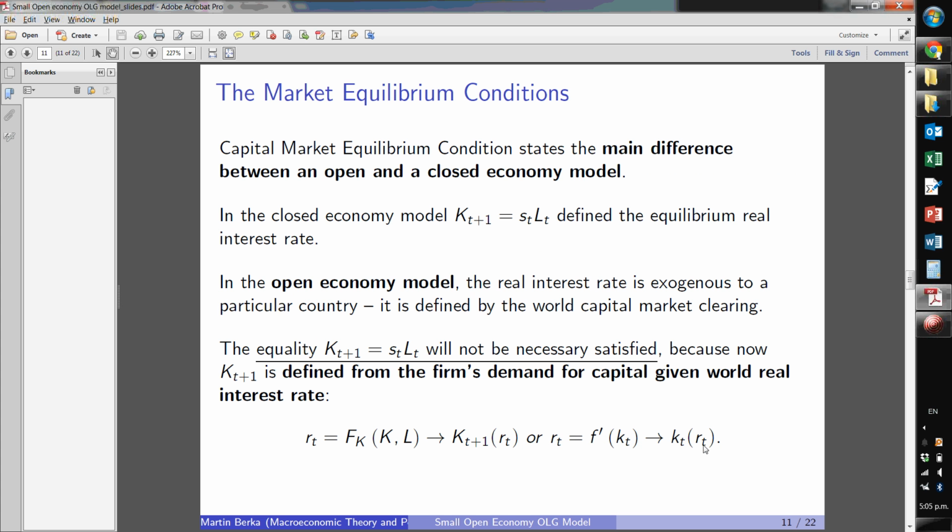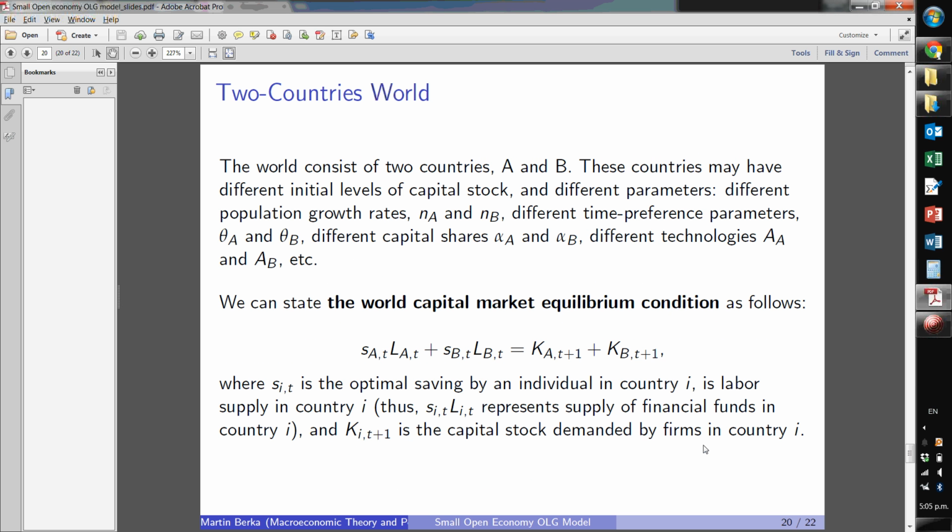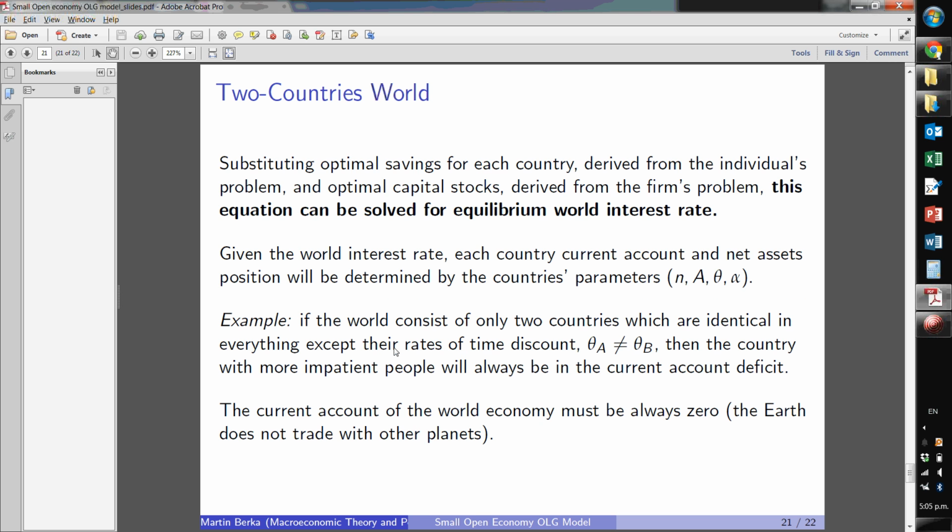So everything ends up being a function of the interest rate. In this two-country world, capital K in each country is a function of the interest rate, lowercase s in each country is a function of the interest rate. So in the end, this is one equation with just one unknown, and that is the interest rate. The equation can be solved for the world interest rate.